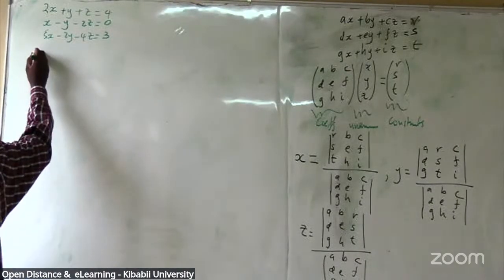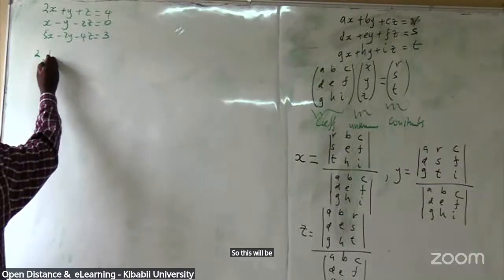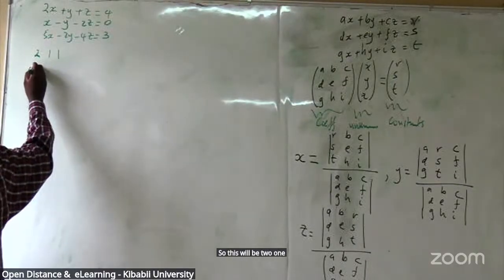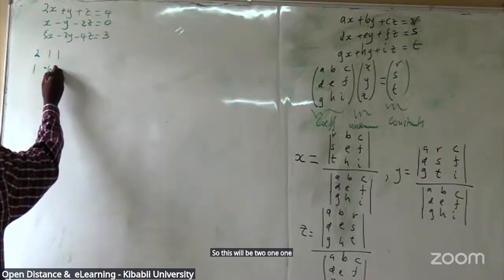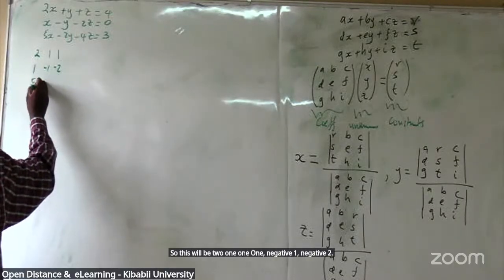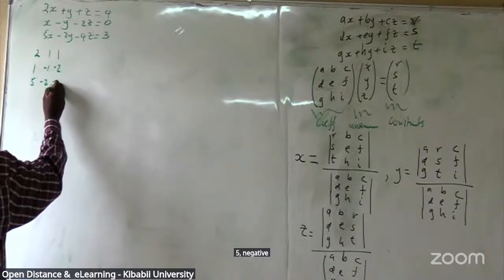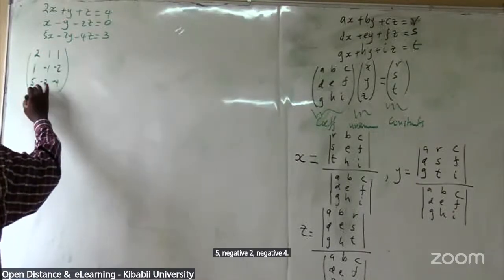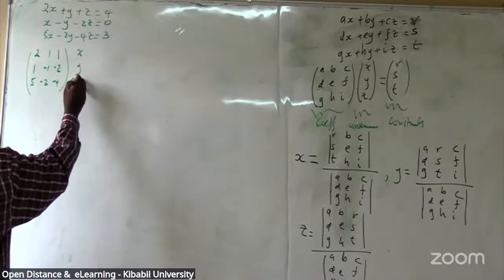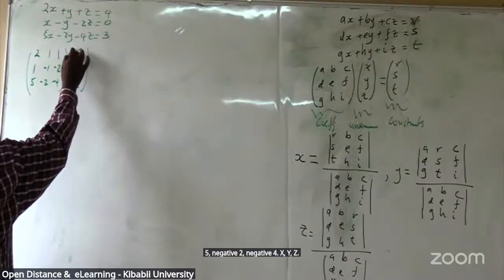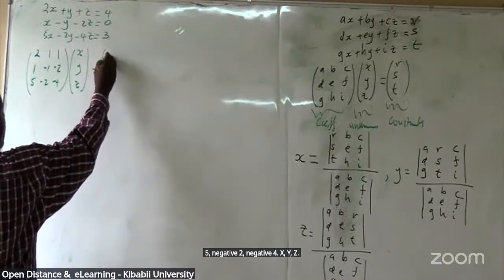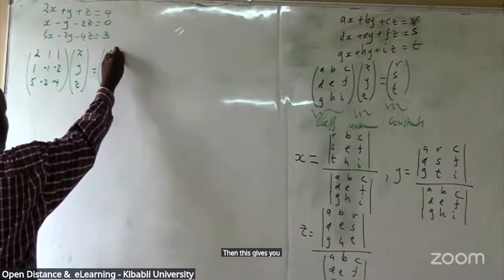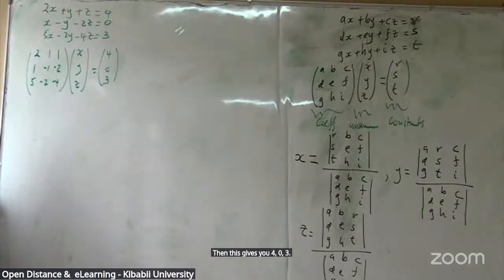So this will be 2, 1, 1, 1, negative 1, negative 2, 5, negative 2, negative 4. Times x, y, z. Then this gives you 4, 0, 3. So we want to solve for the unknowns.